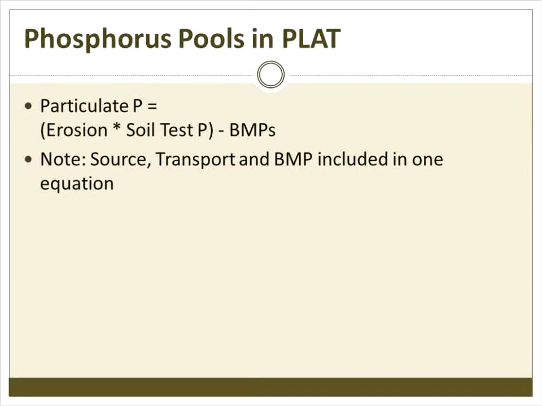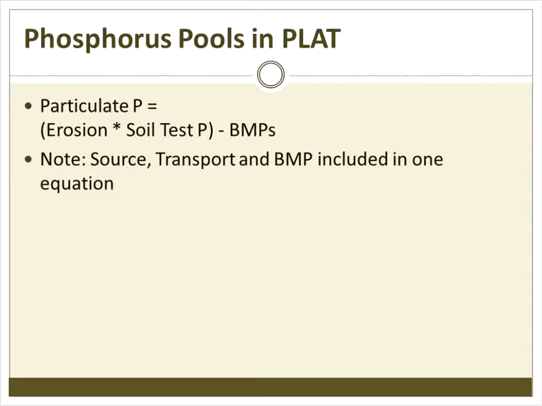So let me talk exactly about how we developed PLAT, each of the 4 pathways. The first pathway I want to talk about is the particulate phosphorus loss. That is the phosphorus that's attached to soil, and then the soil erodes from the field. We need to know 2 things. How much soil is eroding? What is the soil test phosphorus?